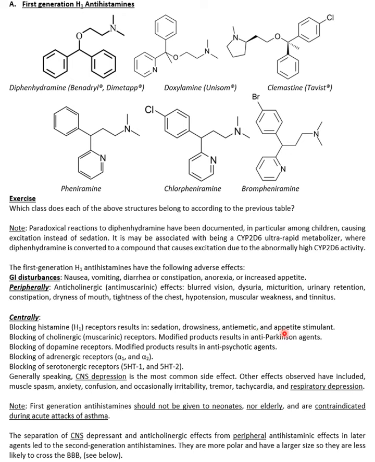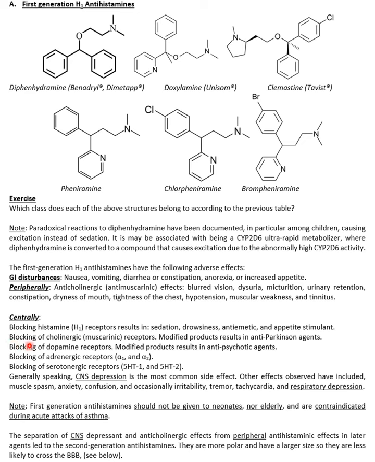And actually, each one of these effects could be used to treat certain diseases. For example, although these are side effects, they could be taken advantage of to design sleep aid medication. They can also be used to design drugs to help with nausea and vomiting, and they can also be used as appetite stimulants. In fact, one of the antihistamines called cyproheptadine is an appetite stimulant to help people gain weight.